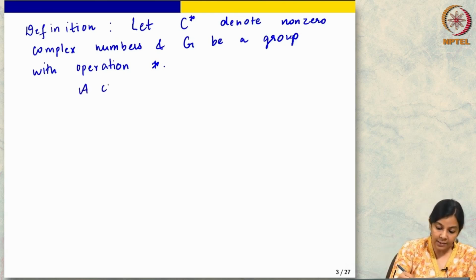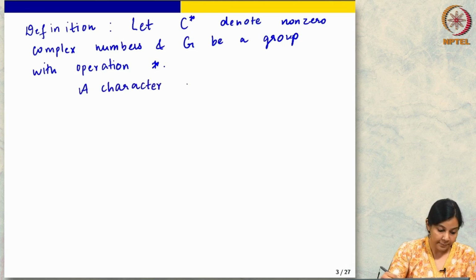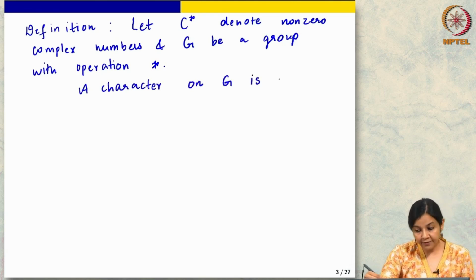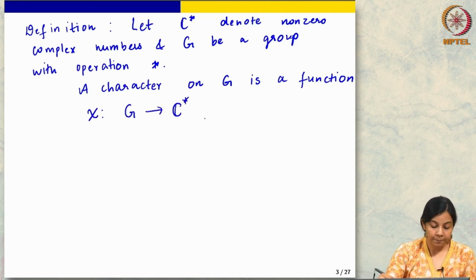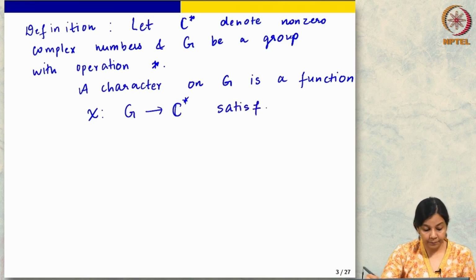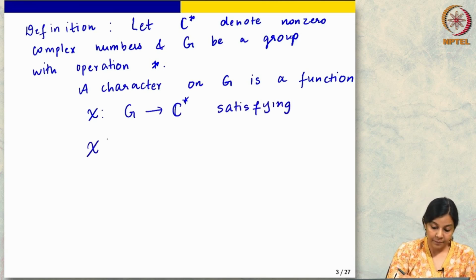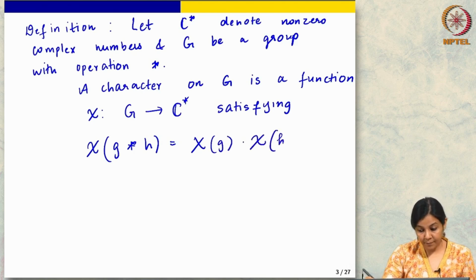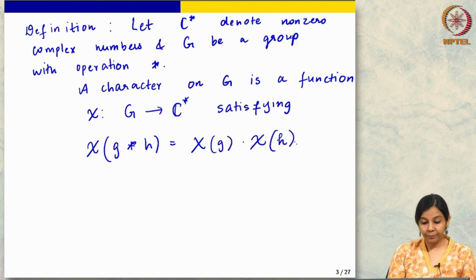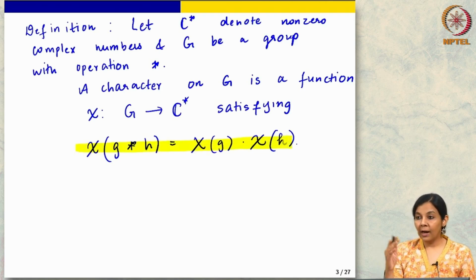Okay. So, a character on G is a function chi going from G to C star satisfying this property: chi of G asterisk H is equal to chi of G times chi of H. So, what this means is that this chi is what is called a homomorphism from G to C star.